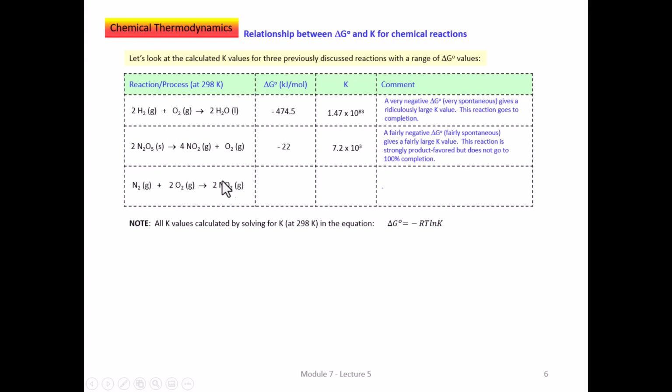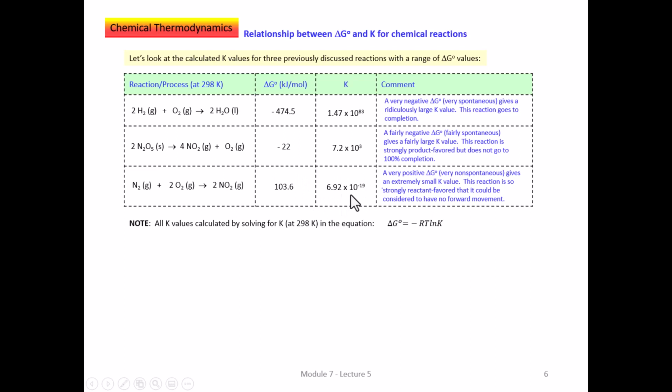How about the reaction of nitrogen and oxygen to give NO2? The standard delta G here is very positive, and if you calculate K for that using this equation, you get a really small K value. What does that mean? A very positive delta G means that this reaction is very non-spontaneous, written left to right, so it has an extremely small K value.